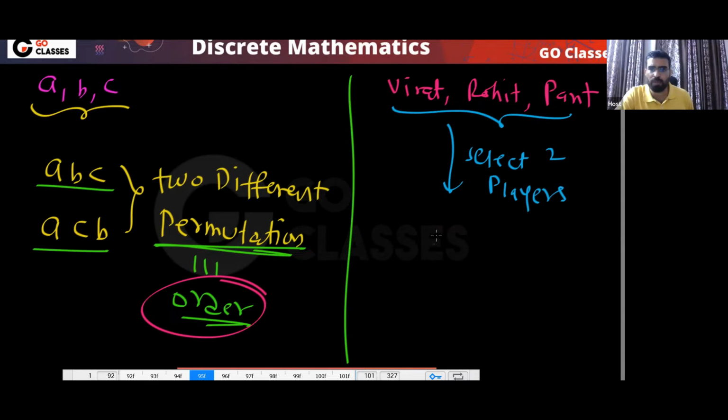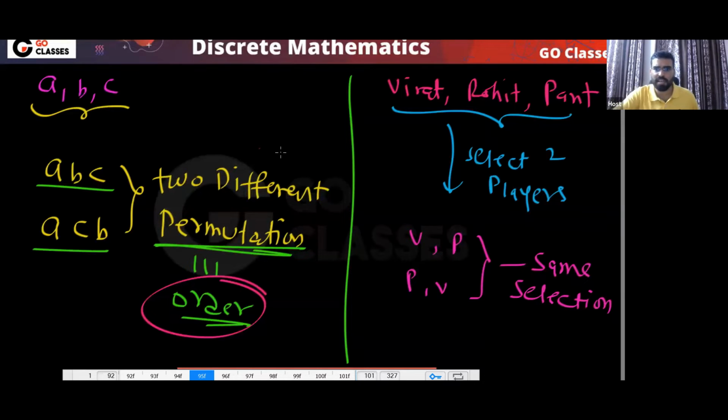If you select two players, you can select Virat, Pant. Tell me, is it the same? Are they different or same? They are the same selection. Because these are the same selection, you can notice that order does not matter in a selection.